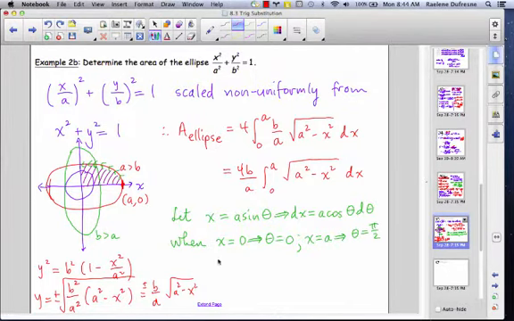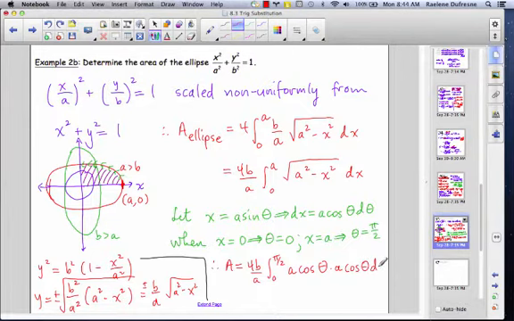So therefore, the area of the ellipse will be 4b over a times the integral from 0 to pi by 2 of the square root of a squared minus a squared sine squared theta, which is going to be a cosine theta, multiplied by dx, which is another a cosine theta d theta.